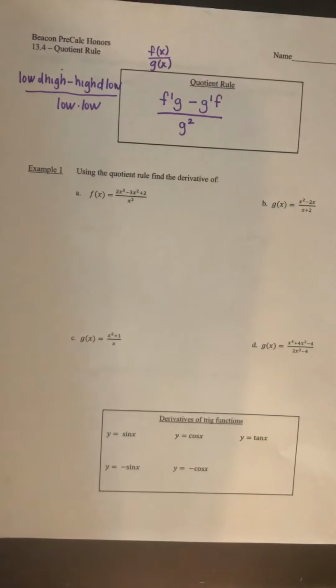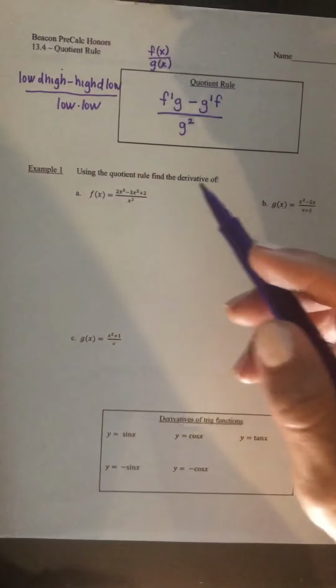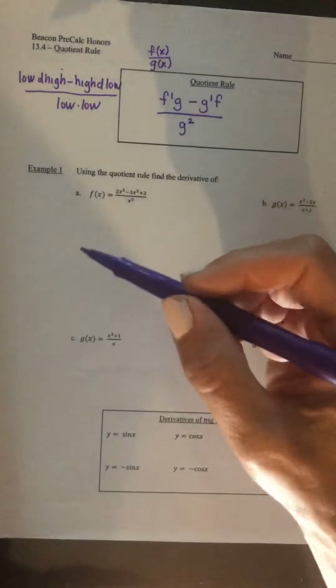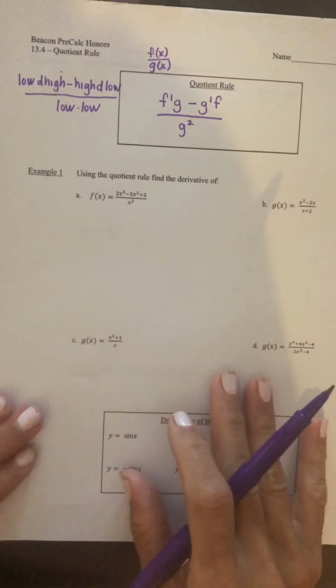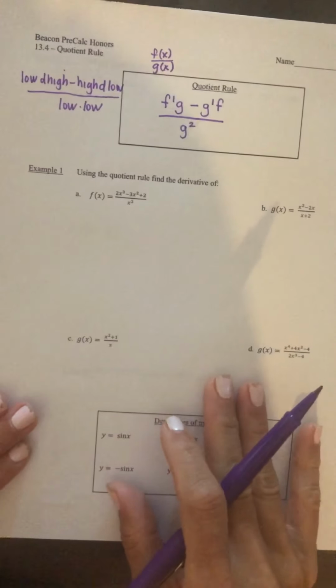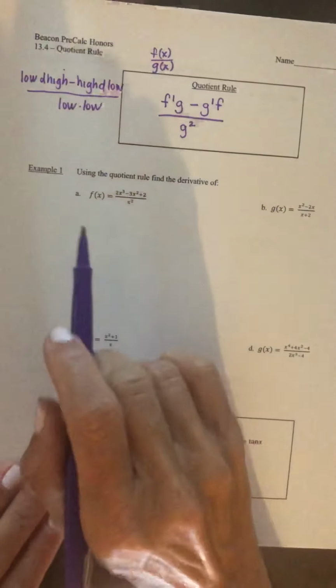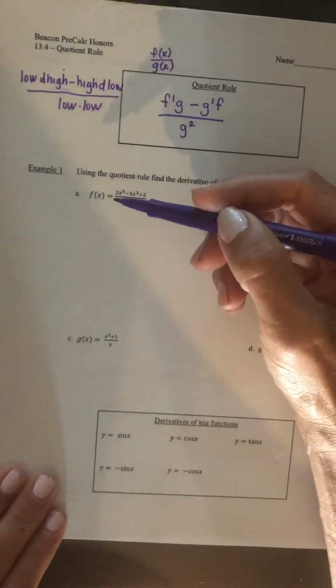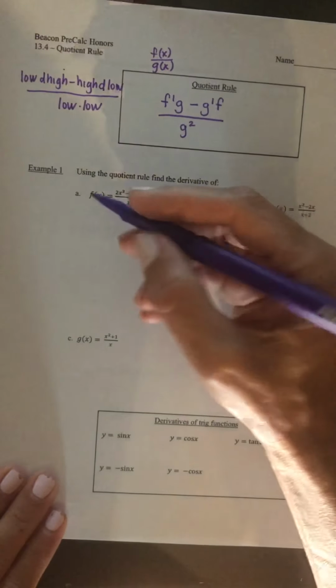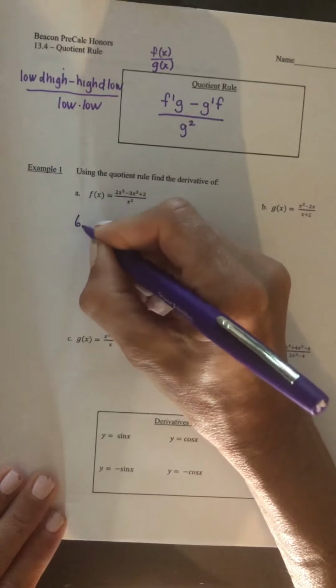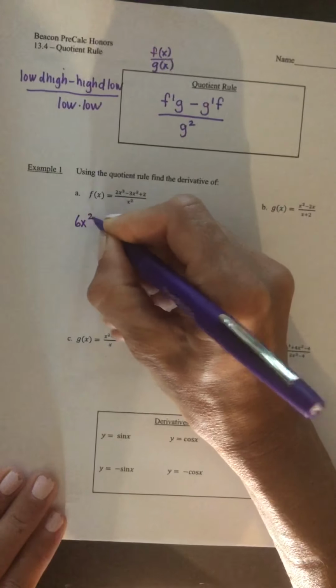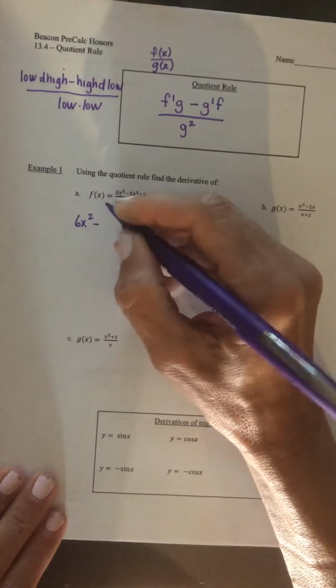All right, so we have our example here, example 1A. Let me just make sure we're all in here. The derivative of the first is going to be 6x squared minus 6x.